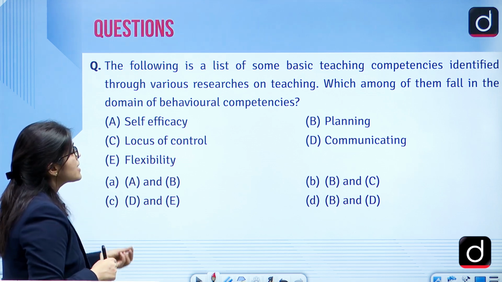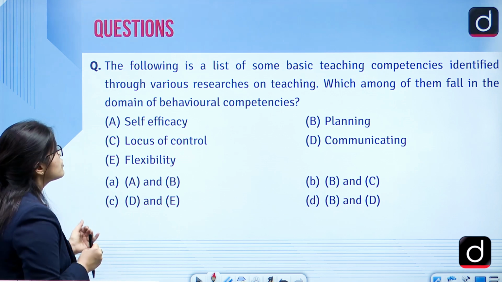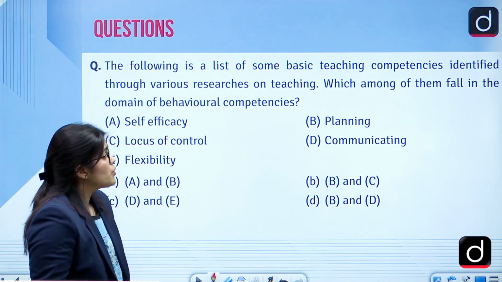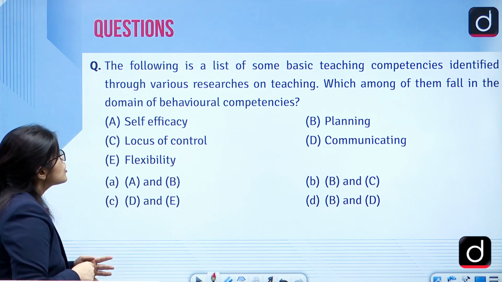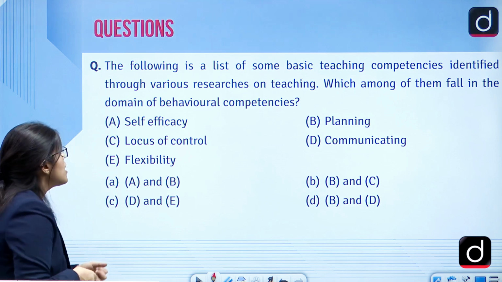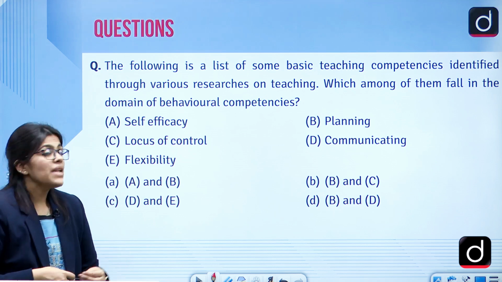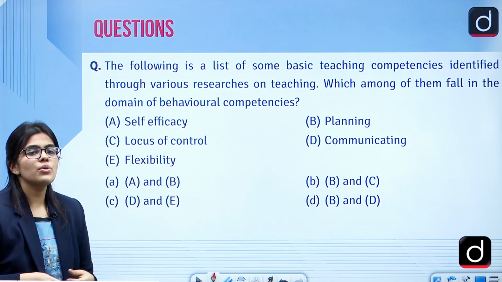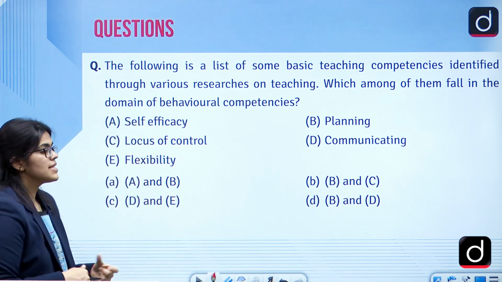Then the following is a list of some basic teaching competencies identified by various researchers in teaching. Which of the following would fall in the domain of behavioral competencies? So where do you think the behavioral competencies come into play? Self-efficacy, locus of control, flexibility, planning, or communicating.